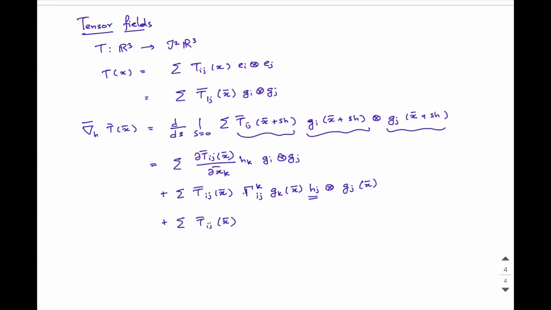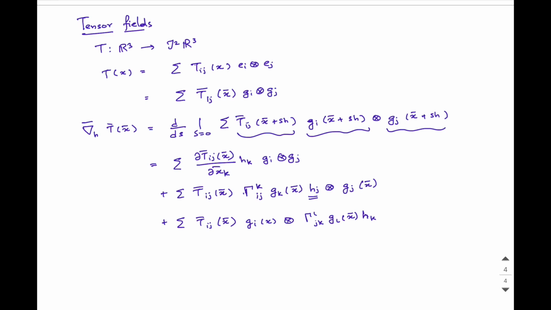Okay, so it's going to be t_ij of x bar, g_i of x bar, tensor product, and you just take the derivative of this with respect to, let's say, k. So it's going to be gamma^l_jk, then you have g_l and again at x bar, then times h_k.